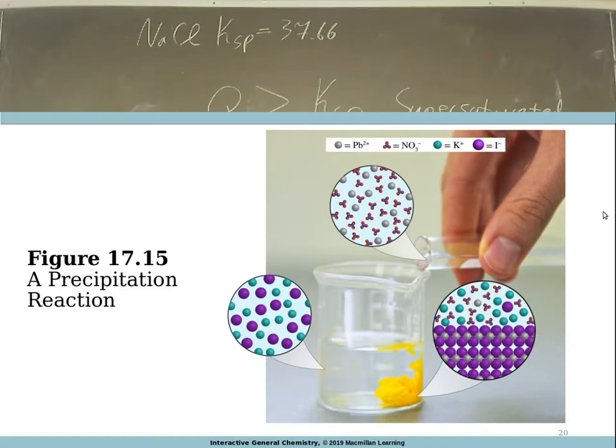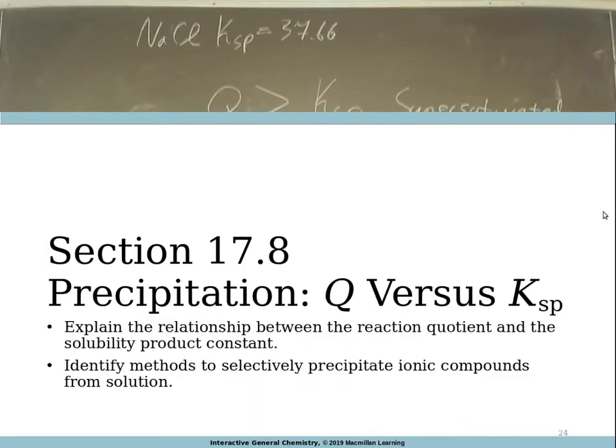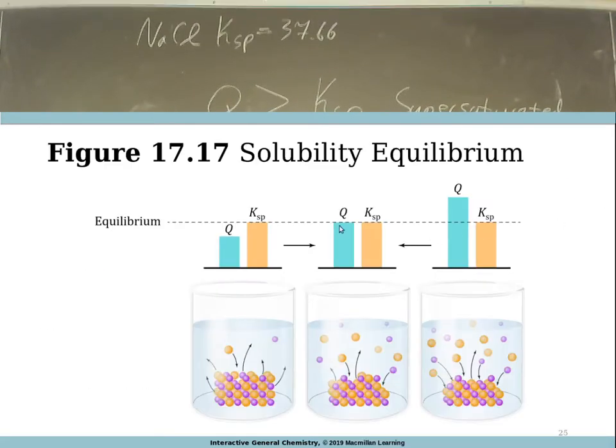So just to review, we're going to jump over to one more figure here. If Q is equal to K, then the dissolution and deposition reprecipitation processes happen at equal rates, and you have a saturated solution with some amount of solid left undissolved. If Q is less than K, then your solid is still in the process of dissolving.